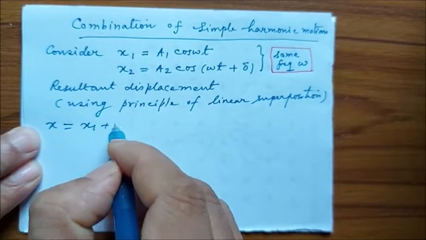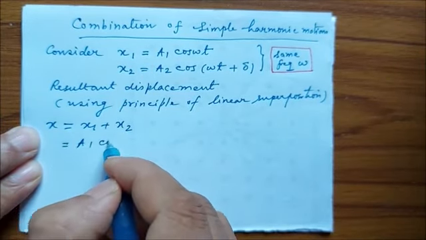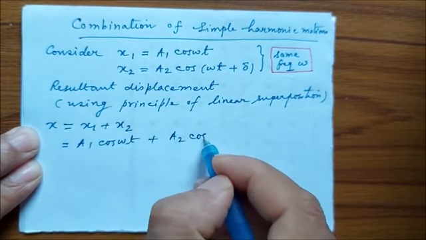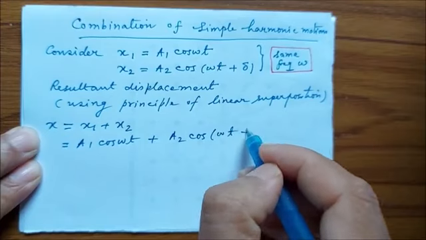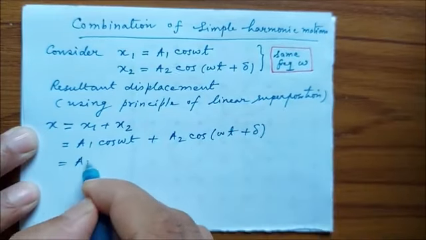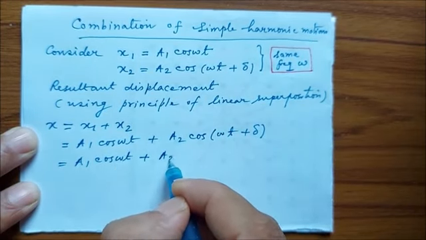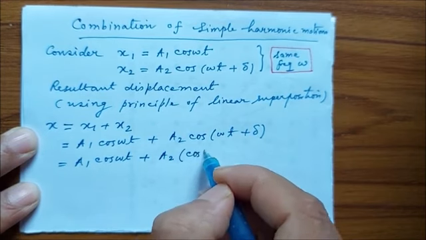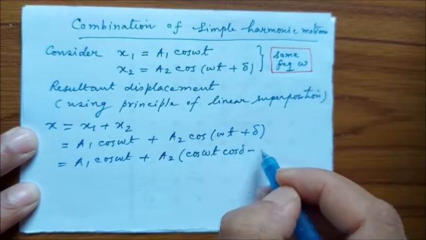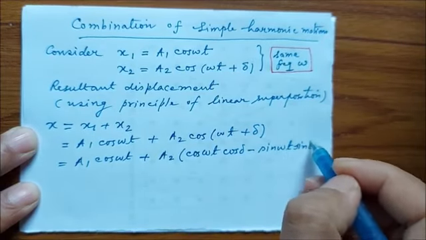So x is x1 plus x2. Let us open up, so what we get is cos omega t cos of delta minus sin omega t sin of delta.